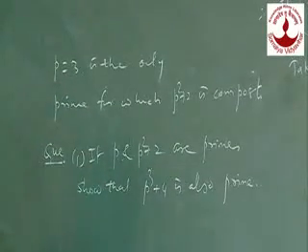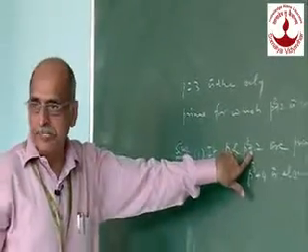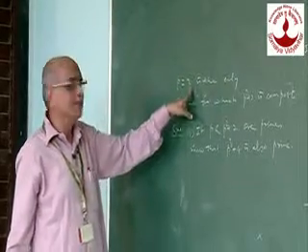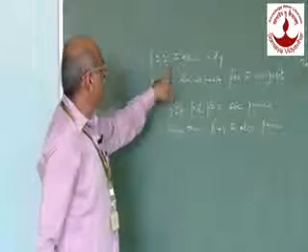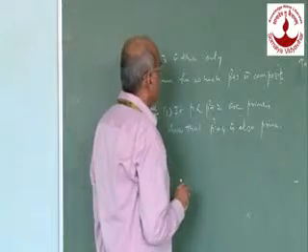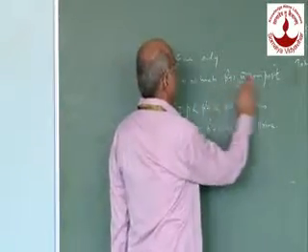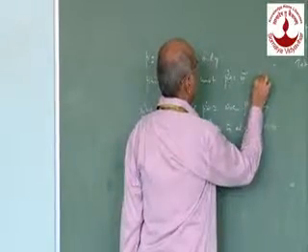Why? Simple answer. If you relate the first two statements with the earlier one, I made a mistake here. Sorry, make the correction: the prime for which p squared plus 2 is prime.